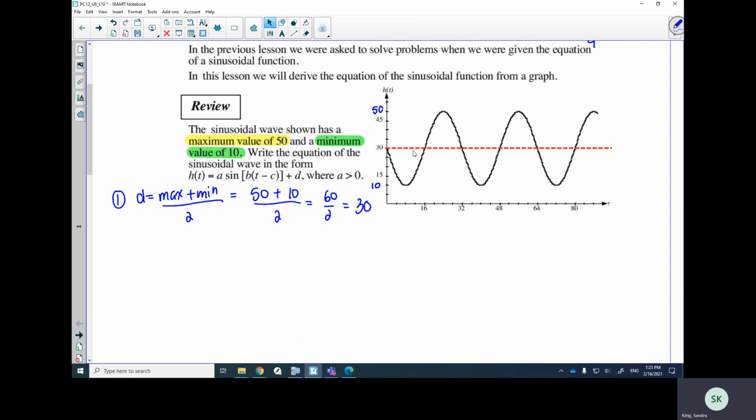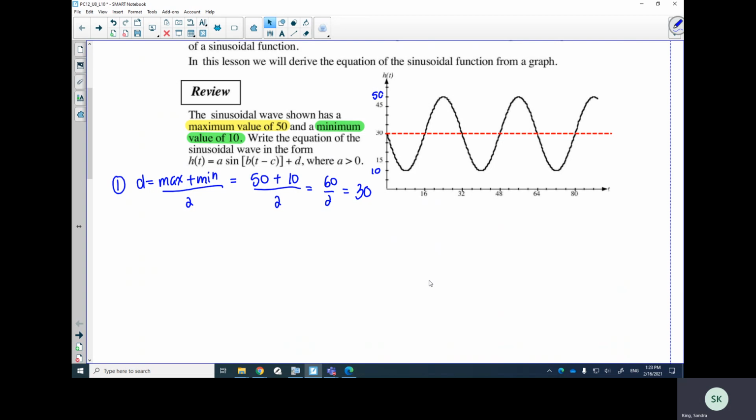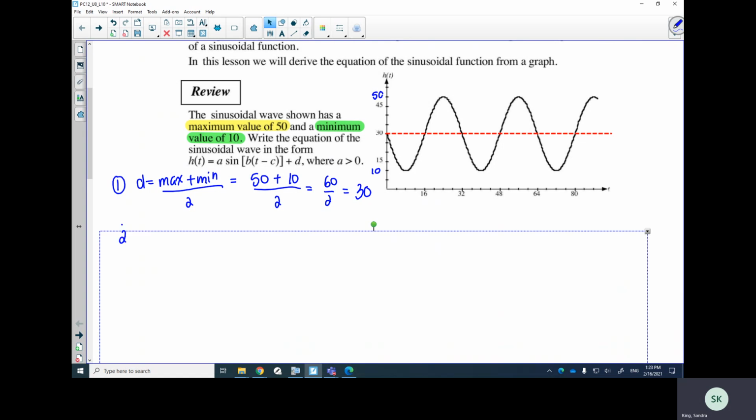And then from there, you should be able to see the amplitude. The amplitude is the height from 30 to 50. So the amplitude of this graph is going to be 20 units. And if you needed to, you could use the formula for amplitude, max minus min divided by 2. But just by counting, the second part that I would do would be the amplitude.